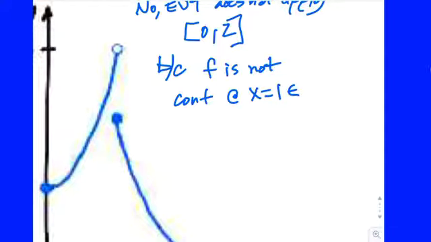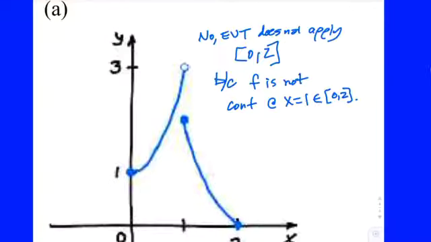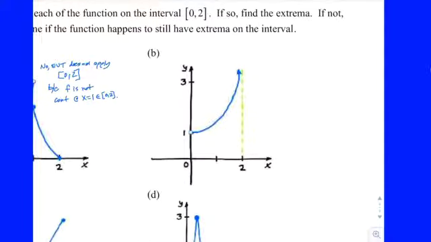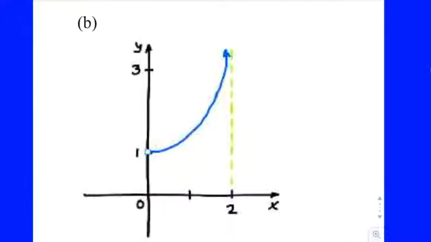Because it's on the closed interval from 0 to 2. So that's how you're going to want to answer it mathematically. Here's where we have a discontinuity, which is relevant because that is in the closed interval where it's supposed to be continuous. All right? If it was not continuous at x equals 5, who cares, right? There you go. You don't have to state what type it is, but it is a jump. Okay, letter B. On the interval from 0 to 2, does the EVT apply?